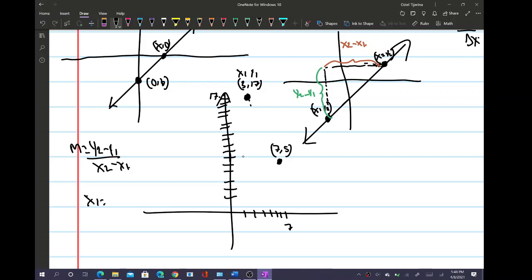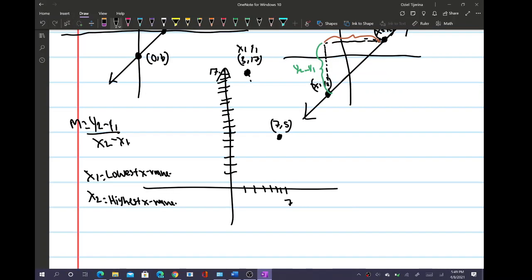So x1 and so that means that this is x1, y1, so then this is x2, y2, okay? So x1 equals 3, y1 equals 17, x2 equals 7, y2 equals 5.